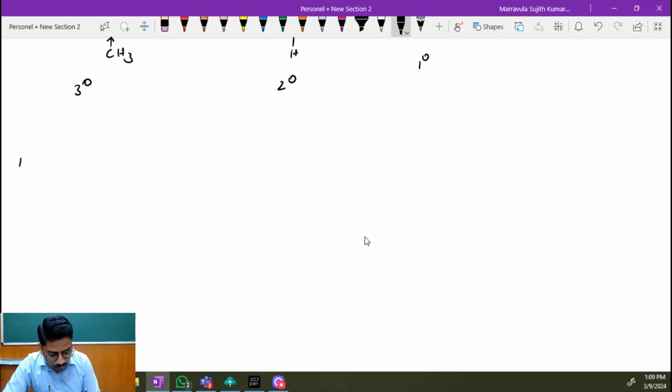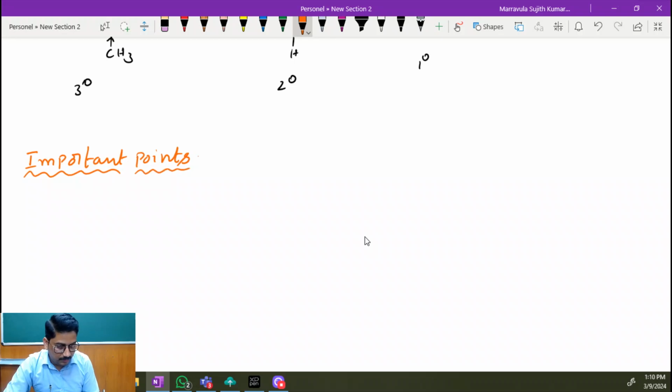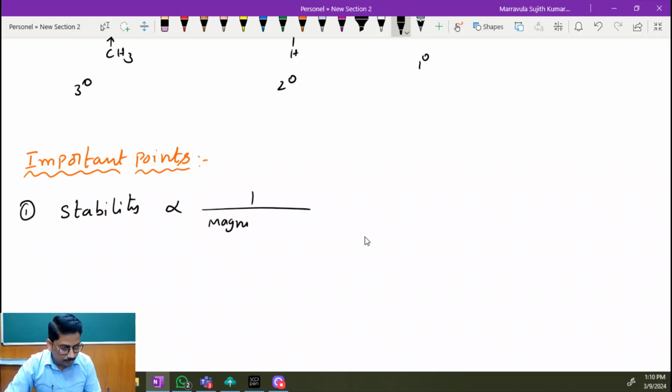So what are those important points? First one: stability is always inversely proportional to the magnitude of the charge, either it is plus or minus.